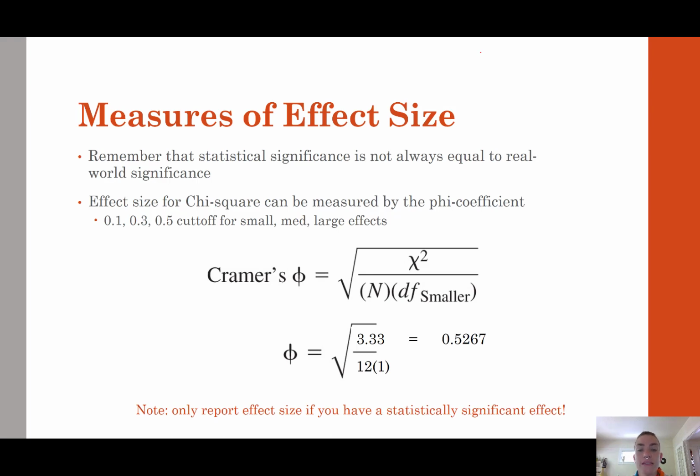So in this case, we have the square root of 3.33 divided by 12 times 1. And if you do that math, you get an effect size of 0.52. And if we had a significant finding, we might report this value alongside it to give some idea of how practically meaningful our finding is.